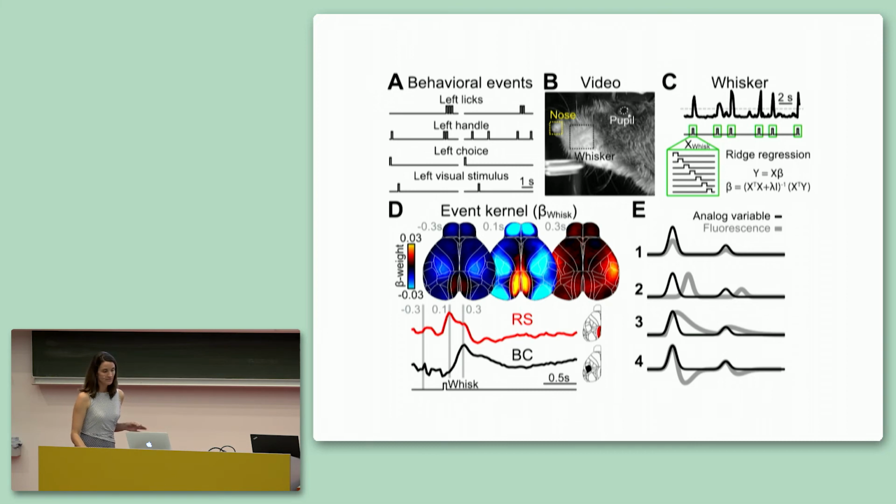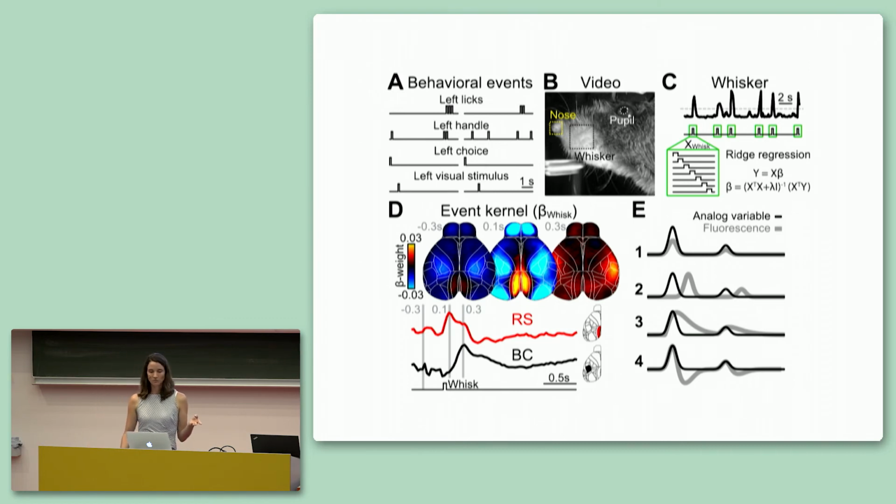Okay, so the temporal filter you see here is related to whisking. We used the model to fit the filters in the same way that we always do. What I've shown at the bottom is the filter corresponding to two different parts of the brain, the retrosplenial cortex and the barrel cortex. You can see that the temporal filters have really different dynamics.